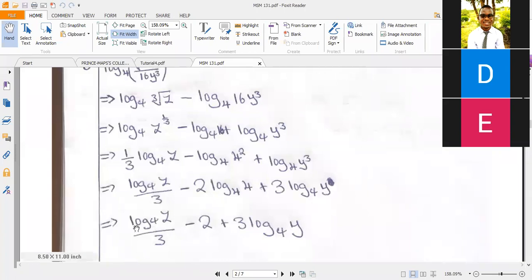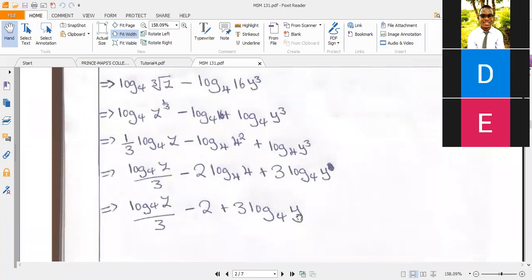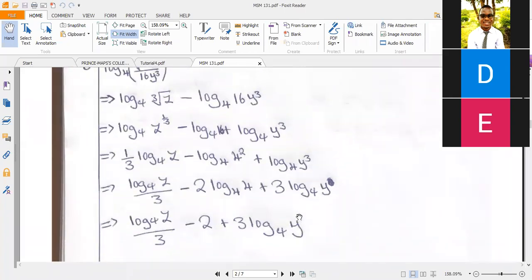Log 4 4 is 1, and 1 times 2 is 2, so it will be 1 over 3 log 4 z minus 2 plus 3 log 4 y. I hope we get the point there. At that point, you can't expand it further. That's the final expansion that you have.